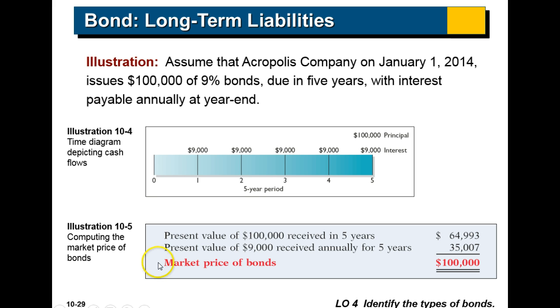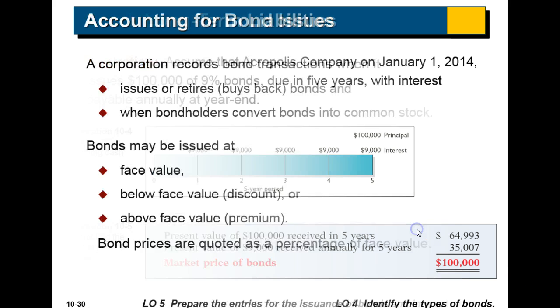So in this scenario, the market price of the bonds is $100,000: the present value of $100,000 down the road in 5 years, and the present value of $9,000 received for the next 5 years. One is a single payment, the other is a series of payments, which we're going to talk about. So in this case the market price of the bonds is $100,000, but it usually doesn't work quite like that.